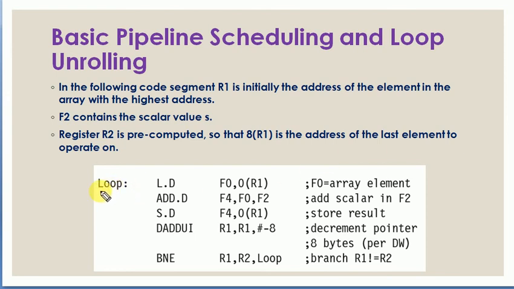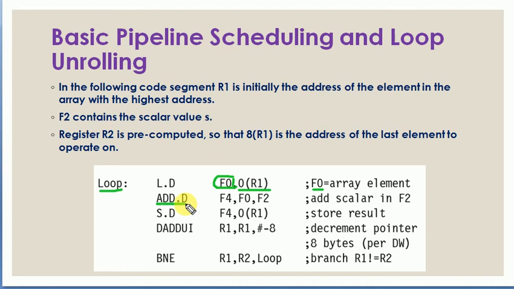This is the start of the loop, the first load operation. From this memory location the array element will be loaded and stored into F0, which indicates the array element.